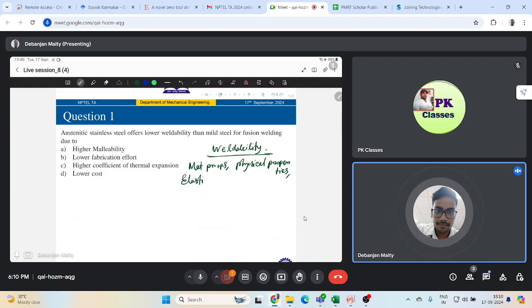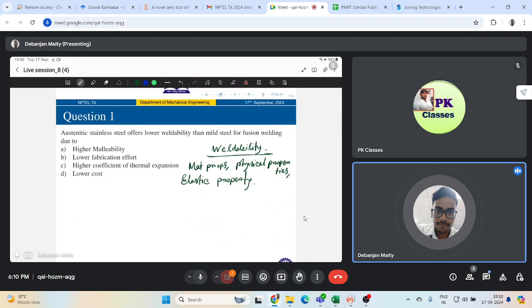So different kinds of material properties, how they will affect my weldability. We will go through them one by one.